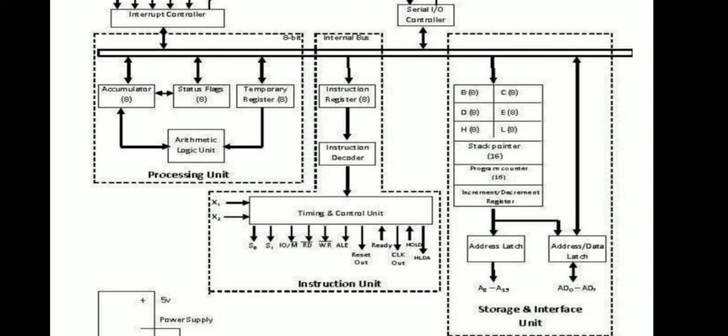Then there is IO/M, an outgoing status for input output and memory operations. When this bit is 1 it is for input output, and for memory it is a low level signal.